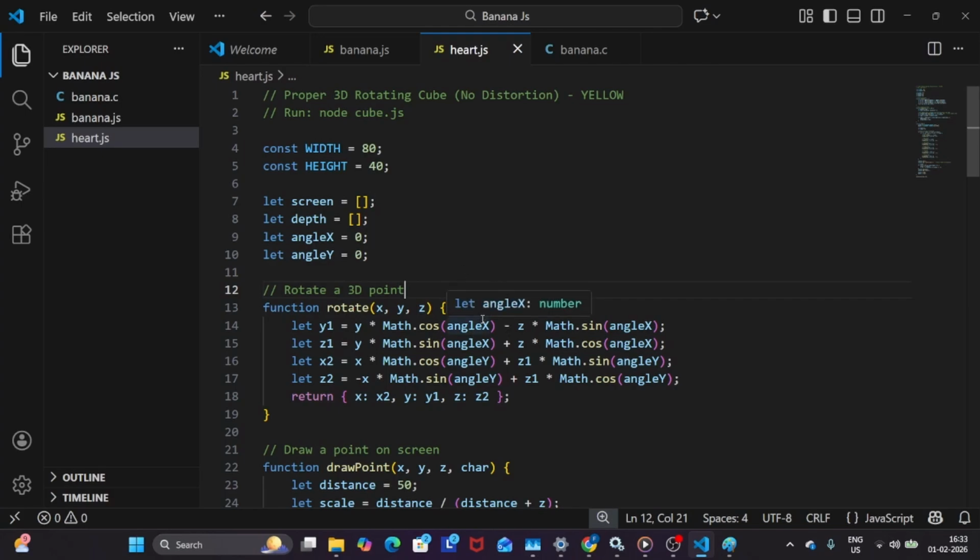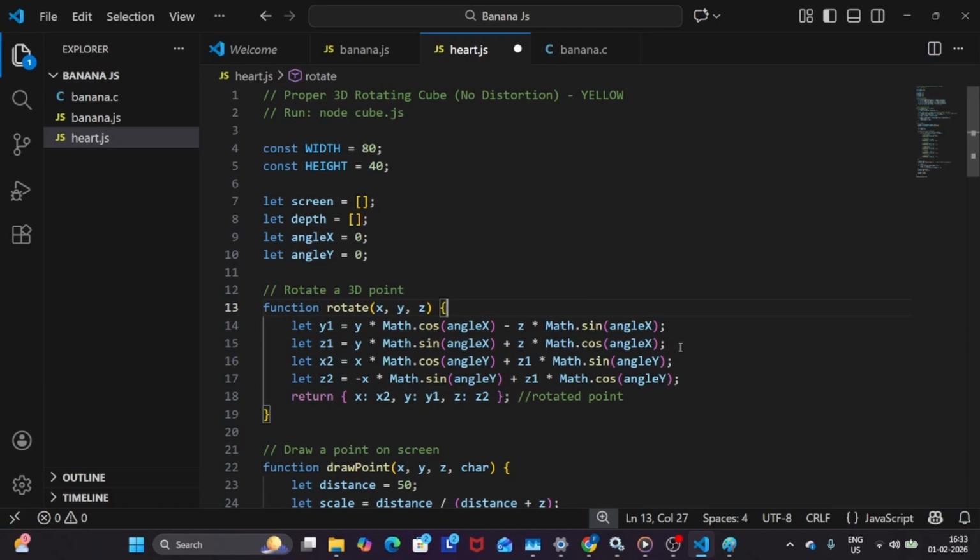And it will return a rotated point. These are the rotated points which we need to show.